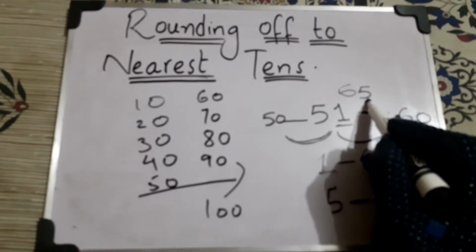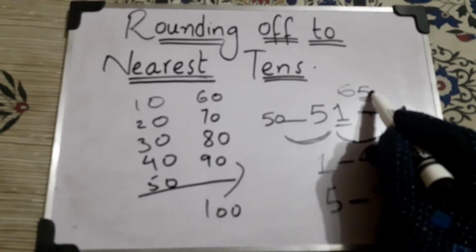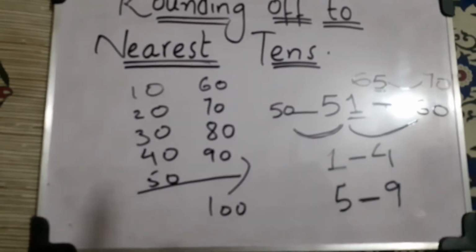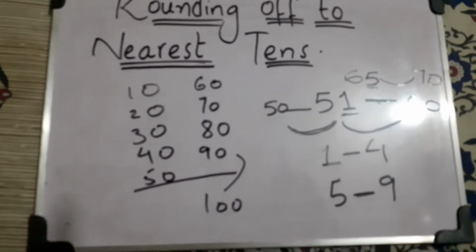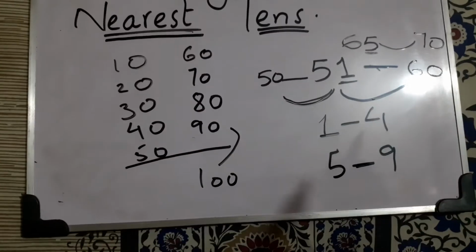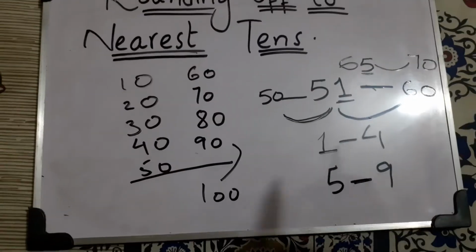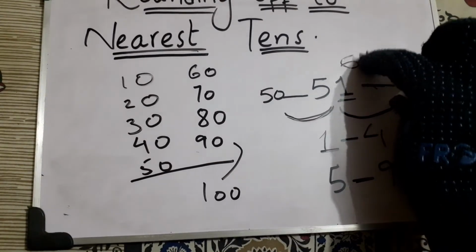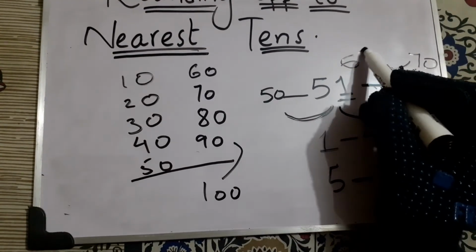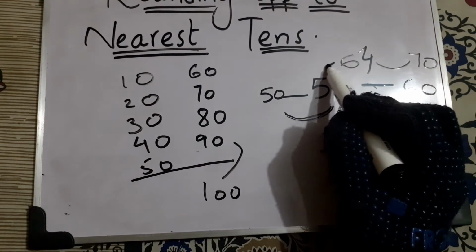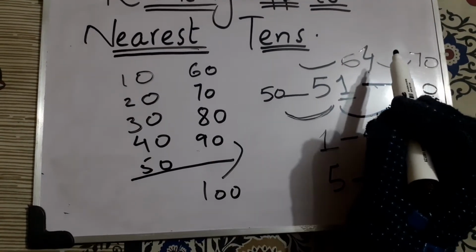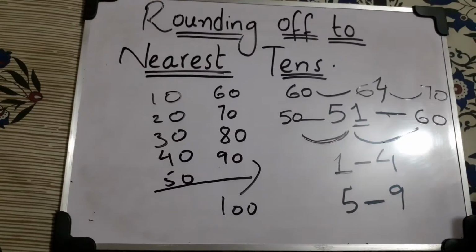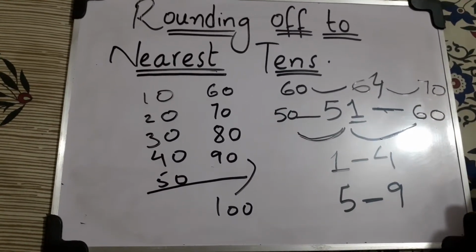You have 5, so the round off will go on 70. But if you have the number 64, with 4, the round off goes back on 60. Okay, this is called round off.